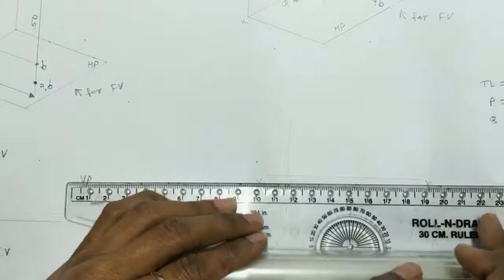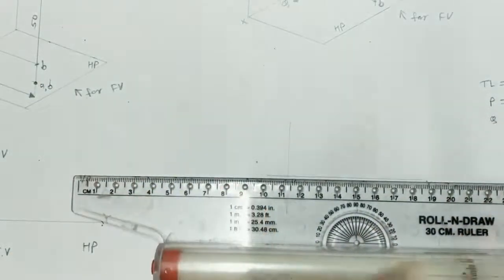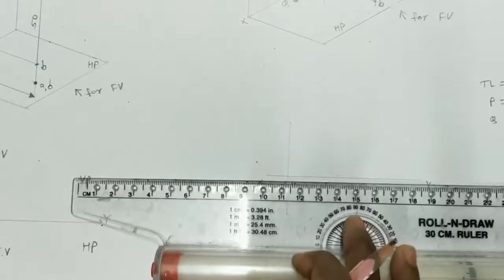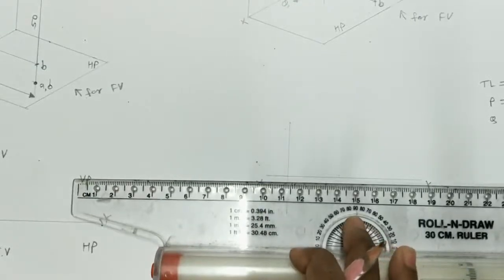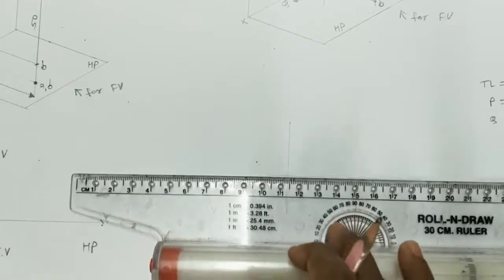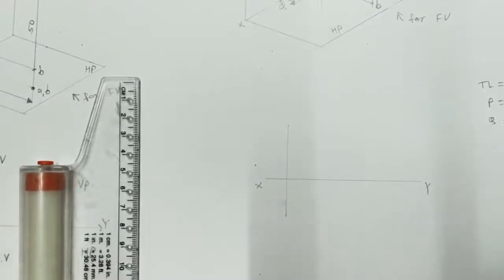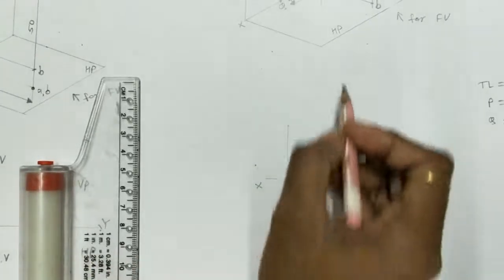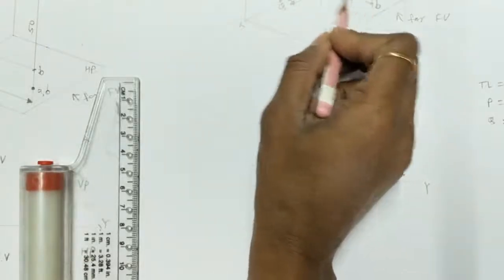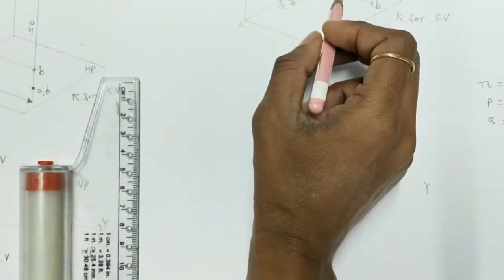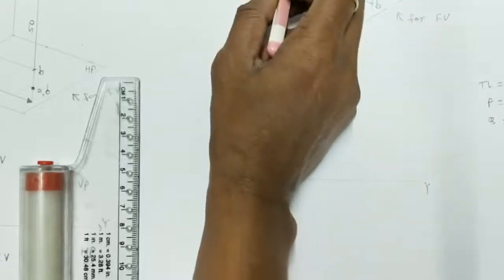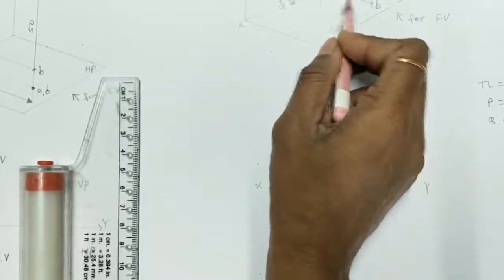Now the true length is given as 40 and the line is perpendicular to VP and parallel to HP. So the true length is 40. As we know, the front view is a dot and the top view is a line.